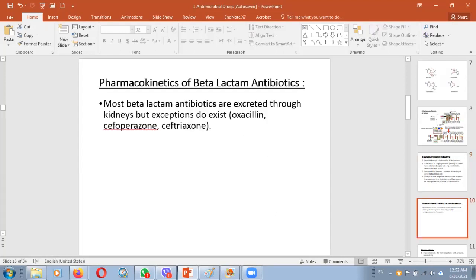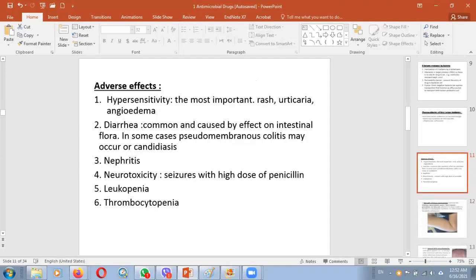What are the pharmacokinetics of beta-lactams? Most beta-lactam antibiotics are excreted through kidneys, but exceptions do exist, like oxacillin or cephalosporin or ceftriaxone. These drugs are excreted through the liver.